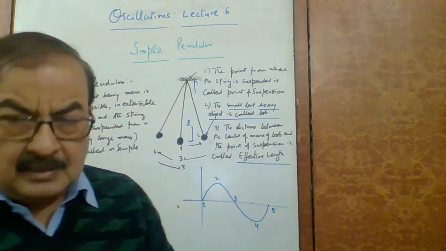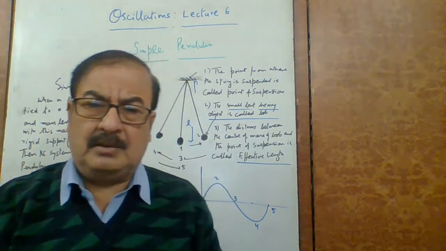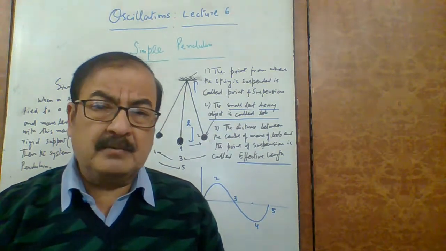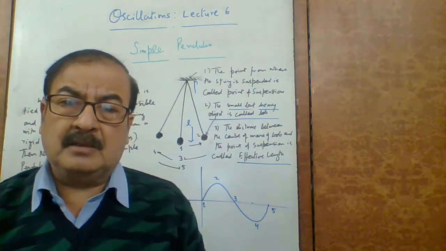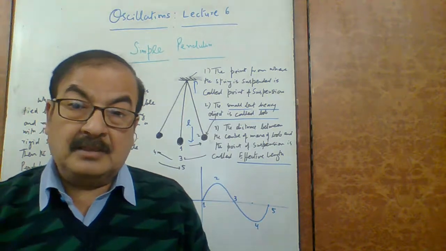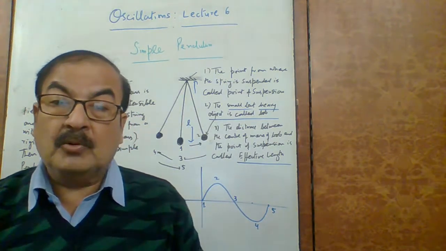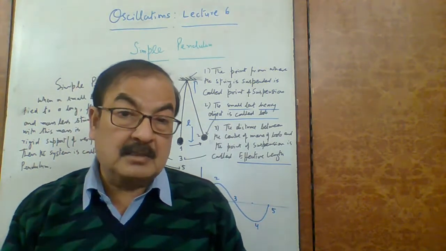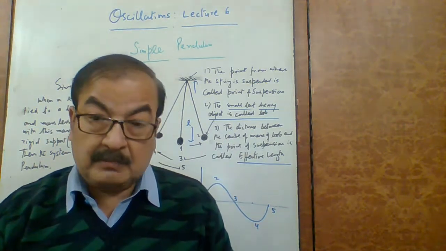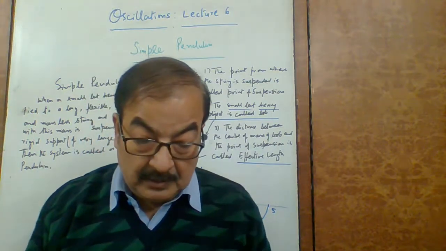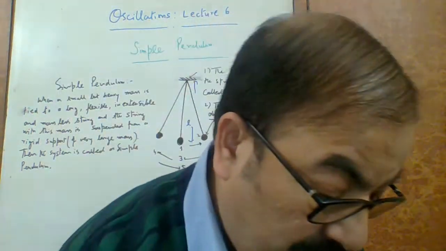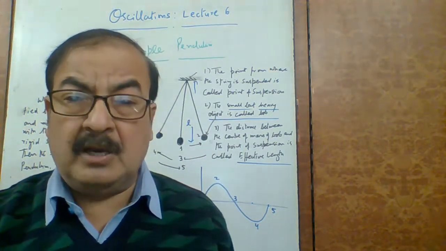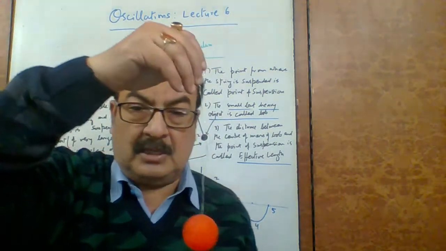It is generally taken, this small object is mostly taken as a sphere. A sphere, when it is suspended, tied to a string, and that string is moved slightly from its equilibrium state, then only such a pendulum is created. Now suppose I don't have such a string, but I have some massless wire, and this is tied to this.